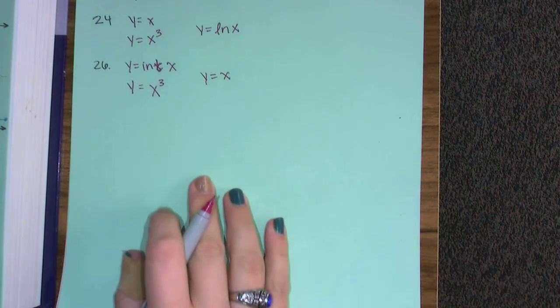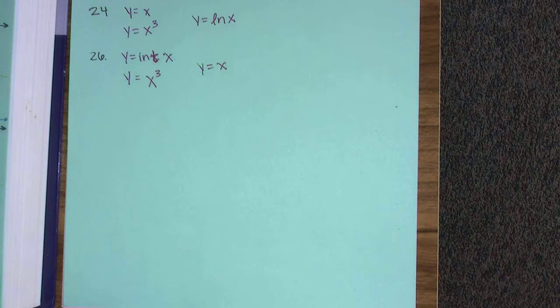Y equals x. Okay, the reason that the reciprocal is not is because as x gets really negative, that y value is actually going to 0. When x is like -1, then yes, it's going to negative infinity.